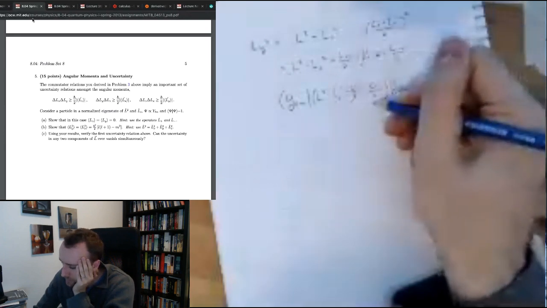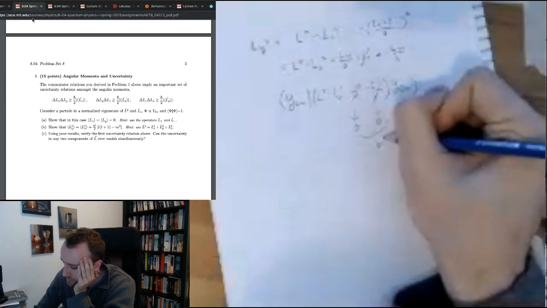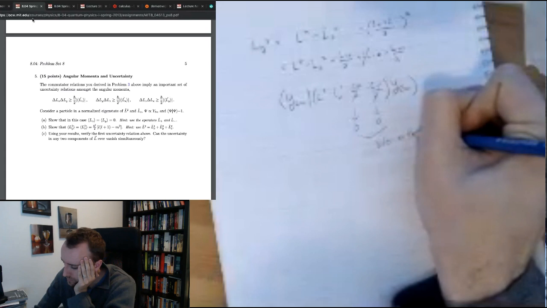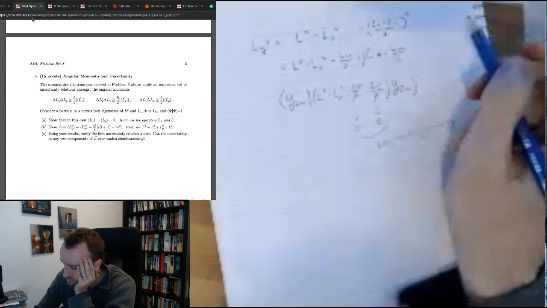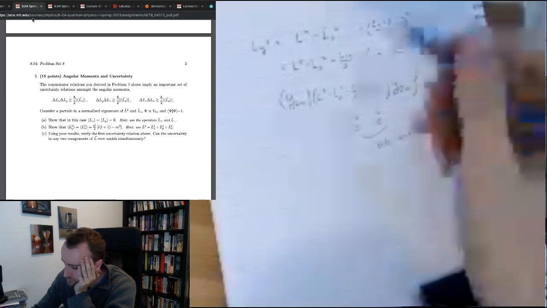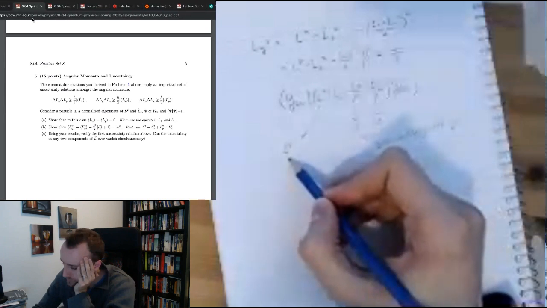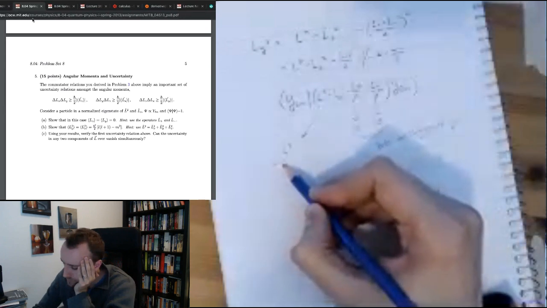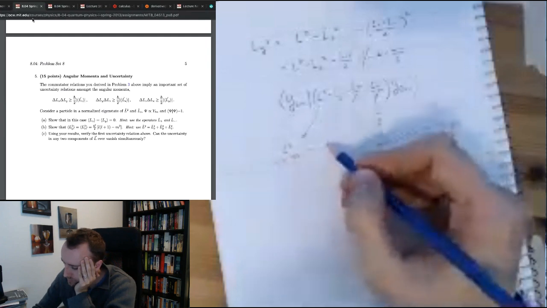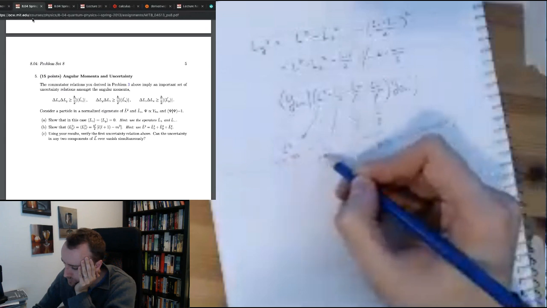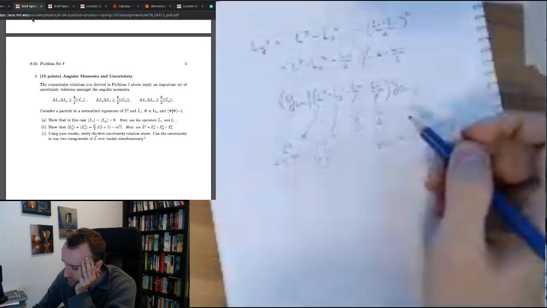So these are going to give 0 because of orthogonality. This one is going to give our L squared eigenvalue, and maybe minus our Lz eigenvalue squared.